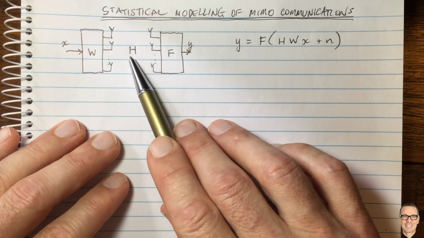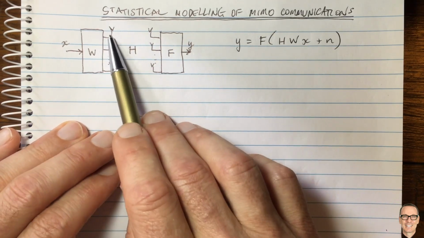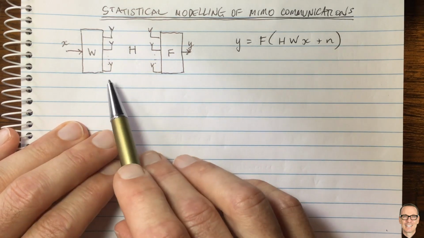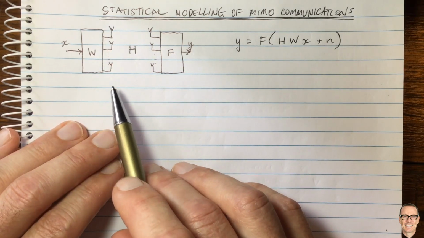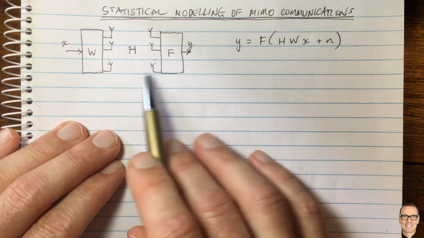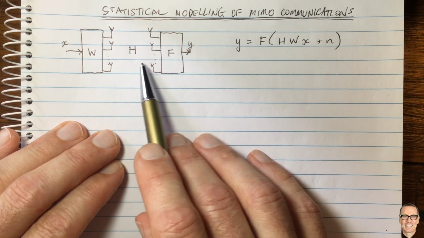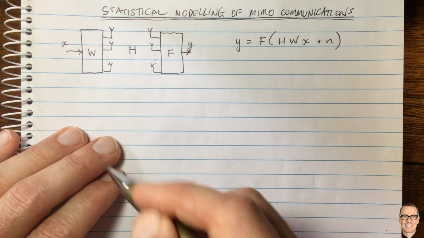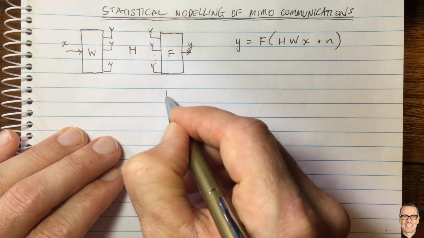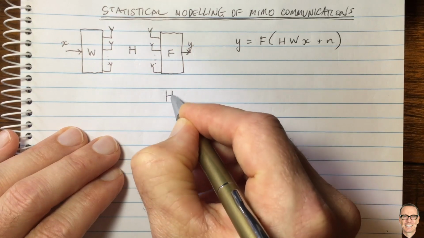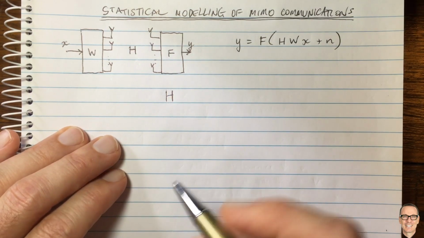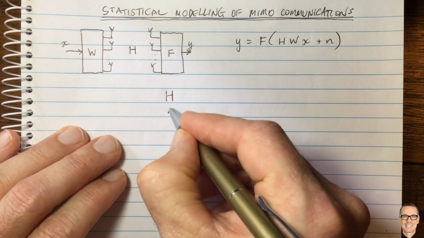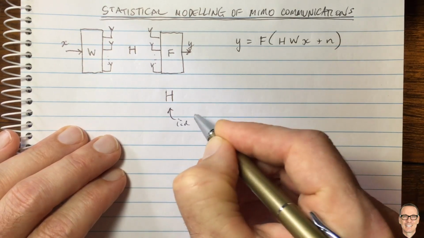So one model is to assume that the antenna elements are all omnidirectional antennas transmitting in free space out into a room where there are scatterers, and where there's a sort of uniform distribution of scatterers all around. In that case, the channel gain can be modeled as an IID matrix.